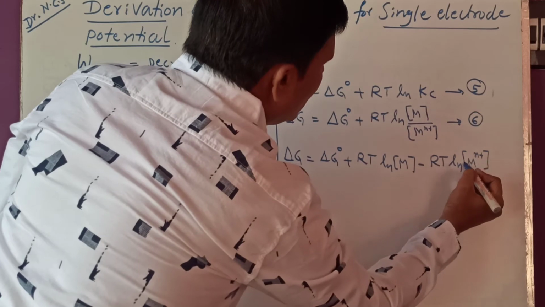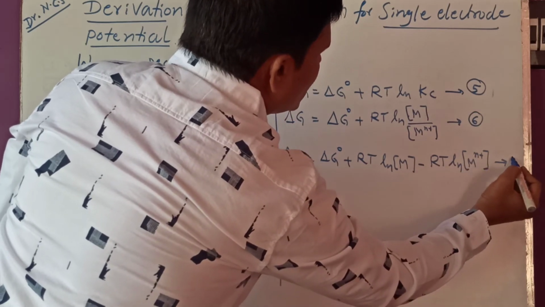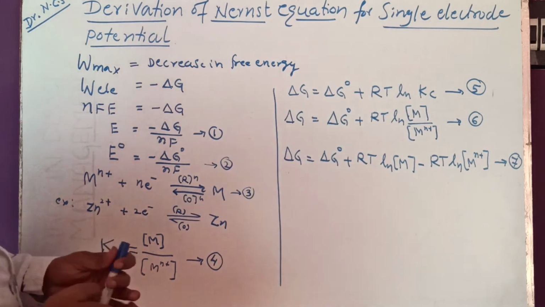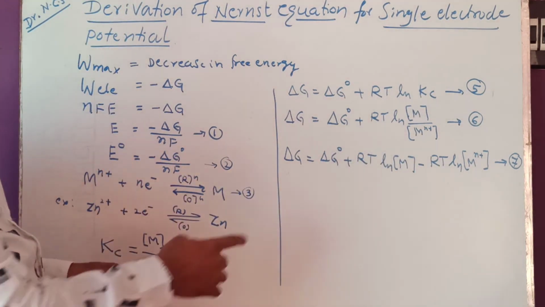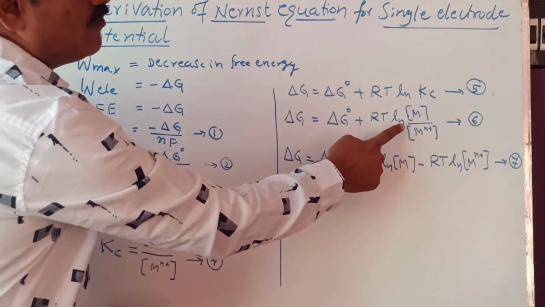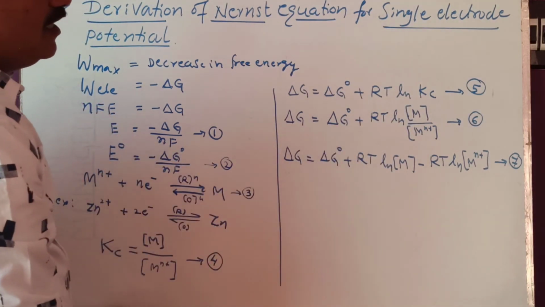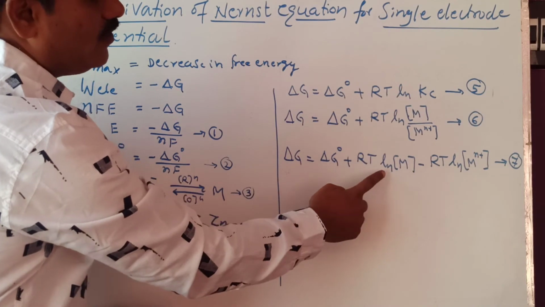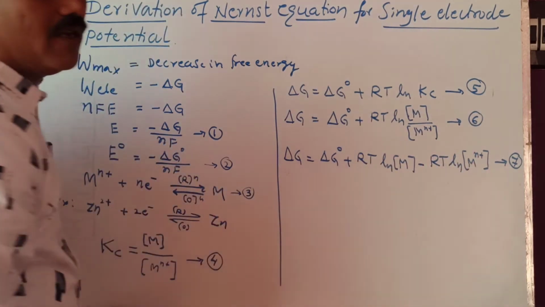So that is B. Call this equation 7. So between equation 6 and equation 7, what is the main difference? Equation 6 is in the form of log A by B, whereas in equation 7 we have split it into log A minus log B.